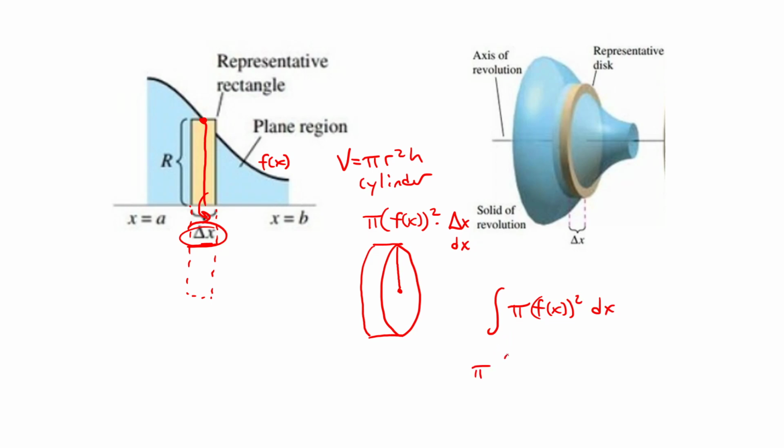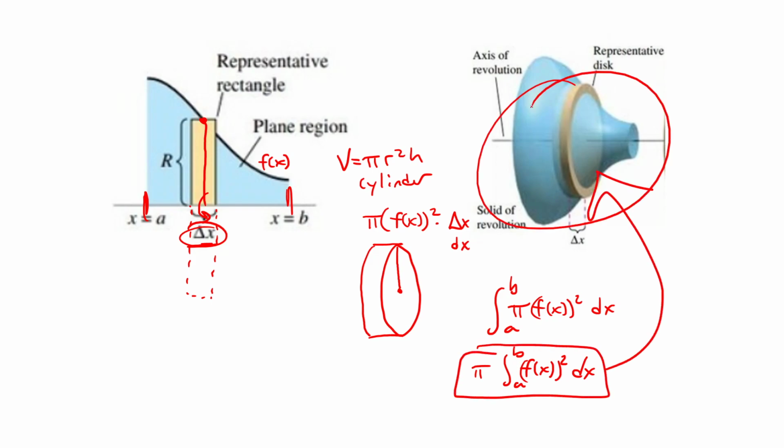Sometimes we pull the pi to the front because we can pull the constant out, and we integrate from the bounds of the region, so from A to B. And this will calculate the volume of this solid.